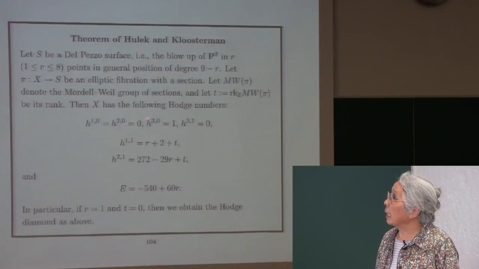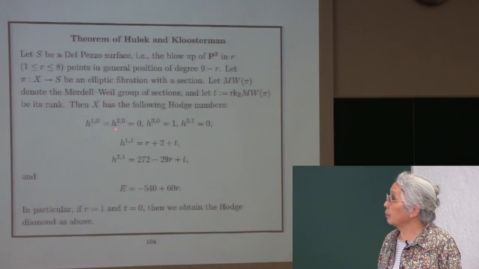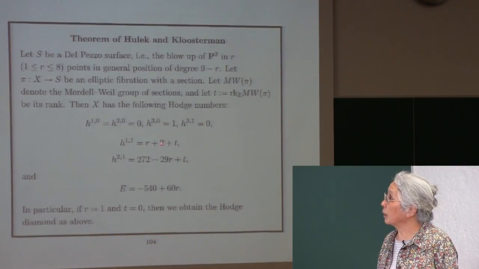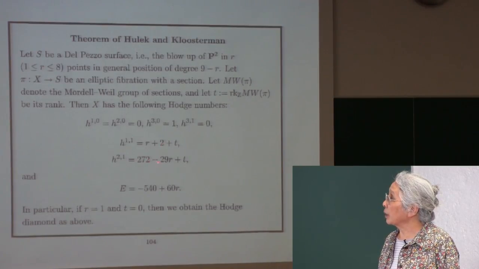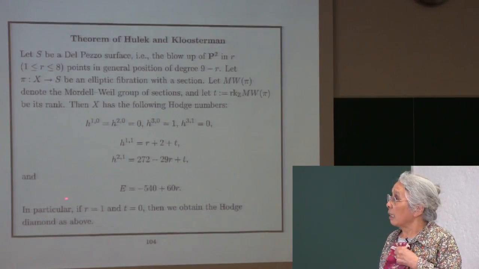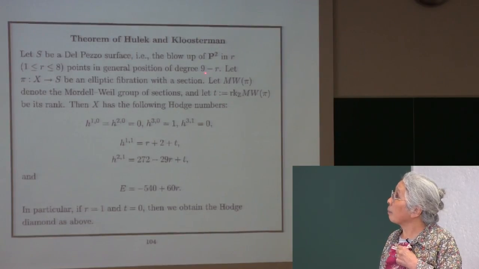Then X has the Hodge numbers. This part we already know. h^{1,1} is r, the number of points in general position, plus 2 plus T. h^{2,1} is 272 minus 29r plus T. So the Euler characteristic is minus 540 plus 60r. In our setting, r was just 1 because the degree is 8.